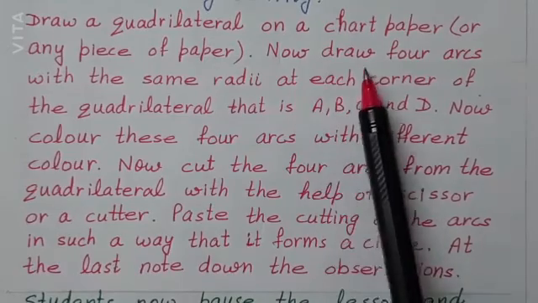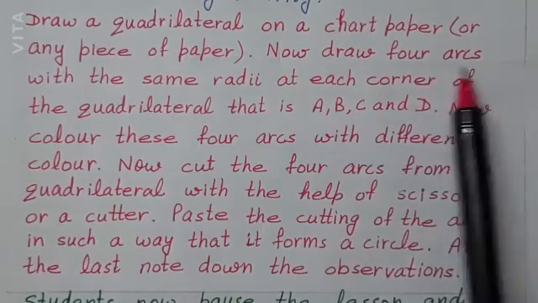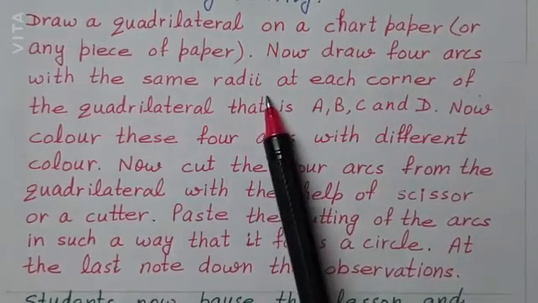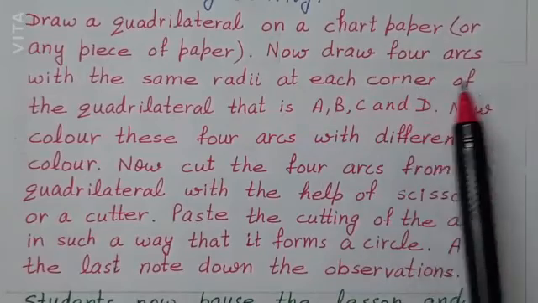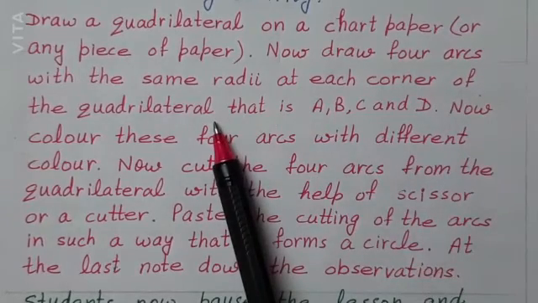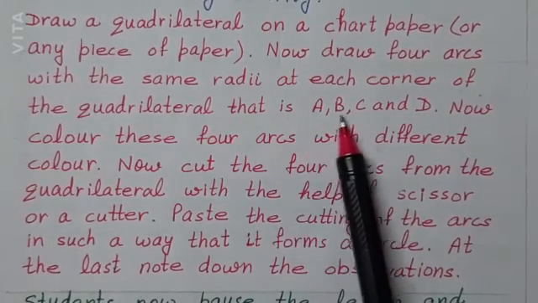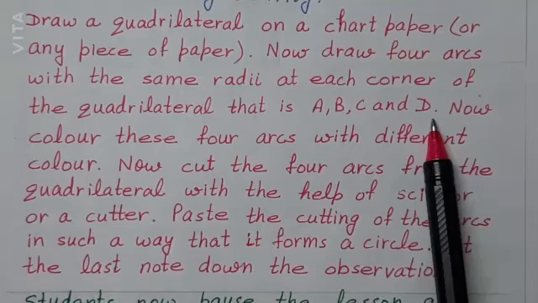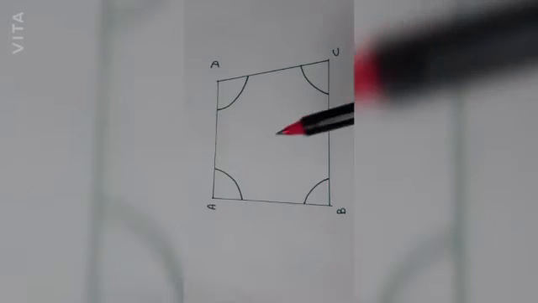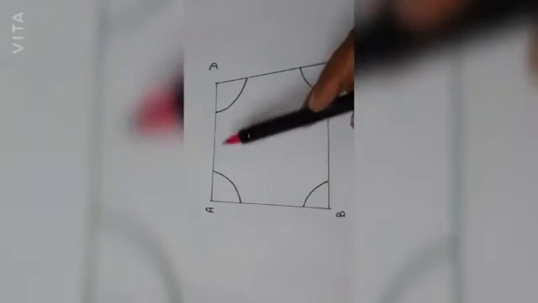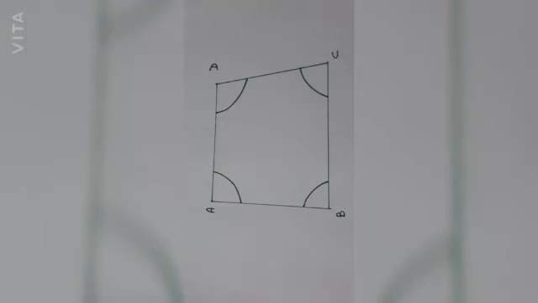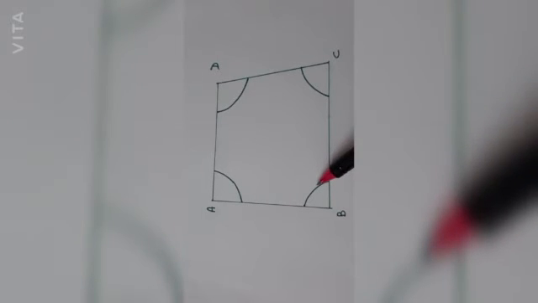Now draw 4 arcs with the same radii at each corner of the quadrilateral, that is A, B, C and D. Now color these 4 arcs with different colors.